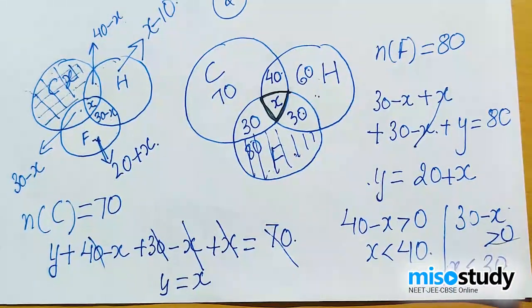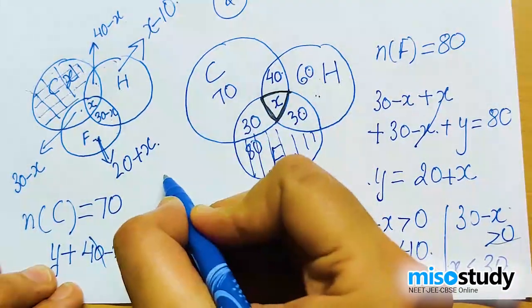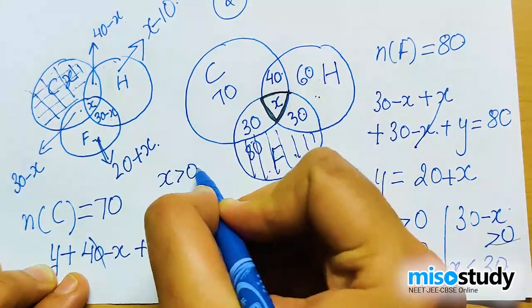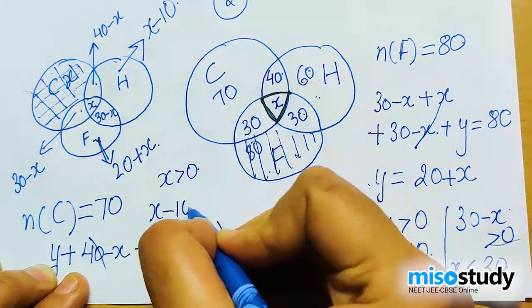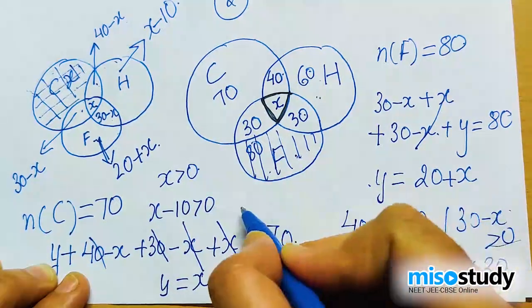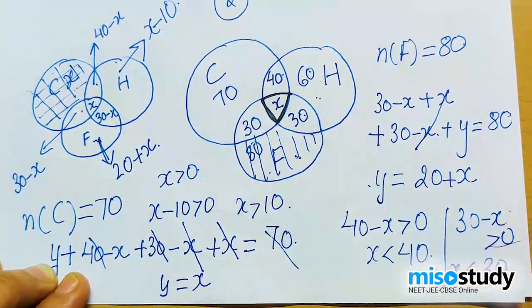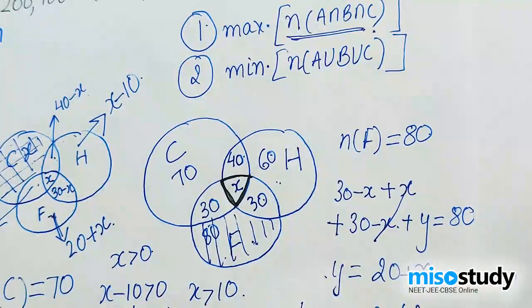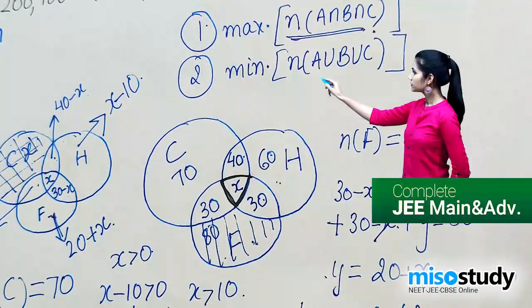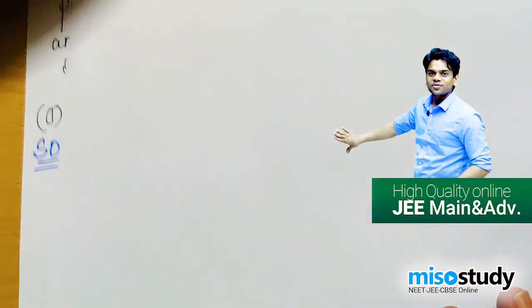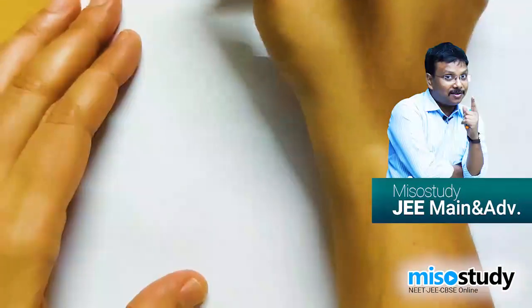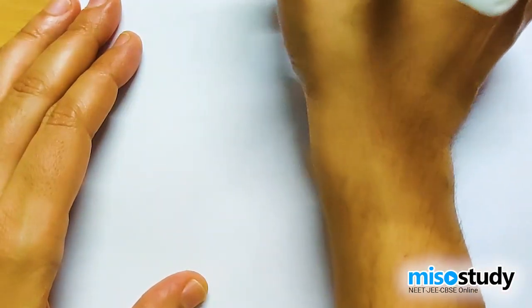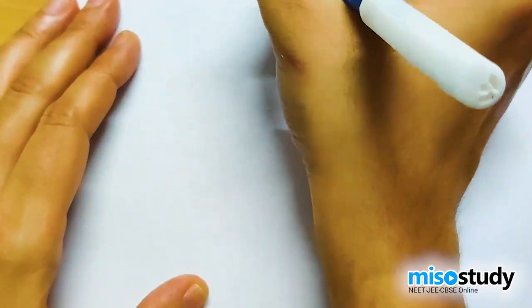I should also have X greater than 0. I should also have X minus 10 greater than 0, which gives me X greater than 10. I also have 40 minus X greater than 0, so that gives me X less than 40.